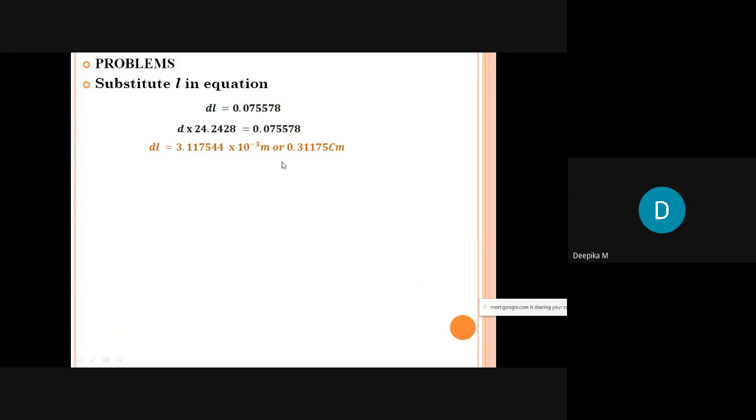So this will be the diameter of the heating element, and 24.2428 meter will be the length of the heating element. By using this we can get the required temperature. So this is all about the designing of the heating element.